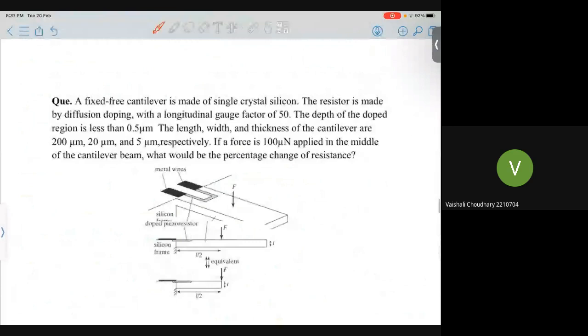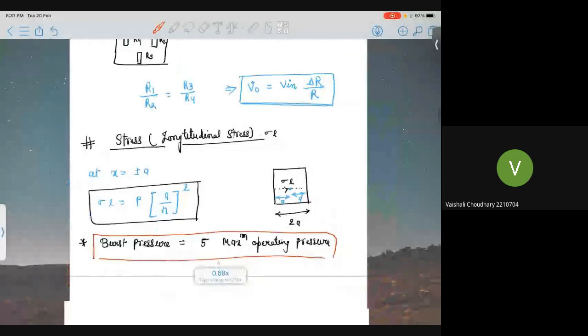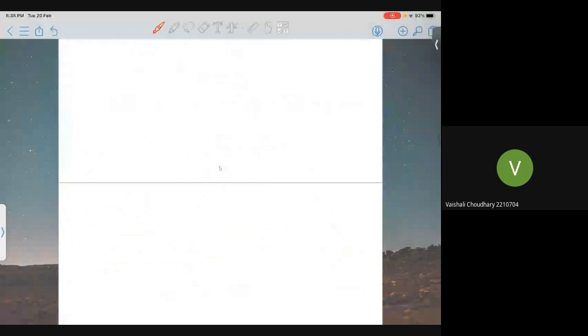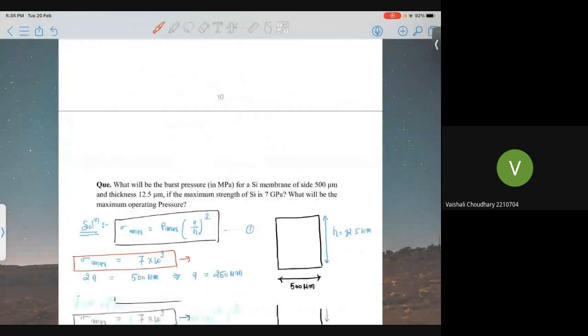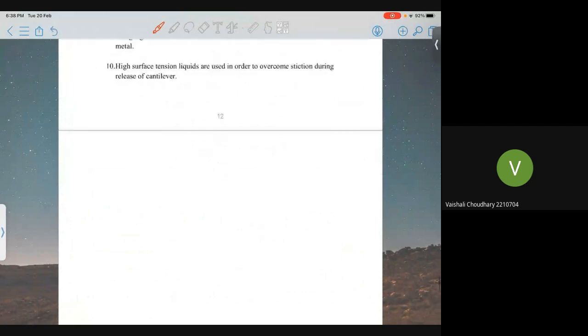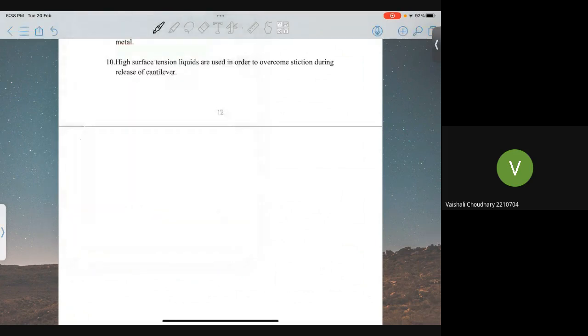Now we move on to the next concept. Now we first will learn about some concepts of capacitive sensors.